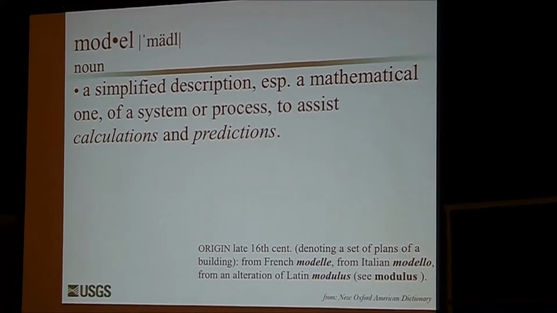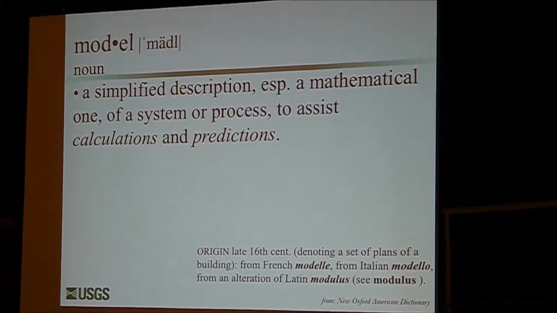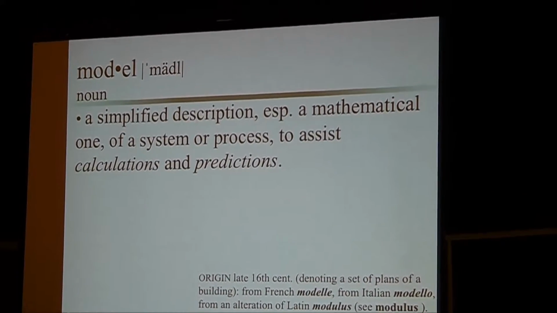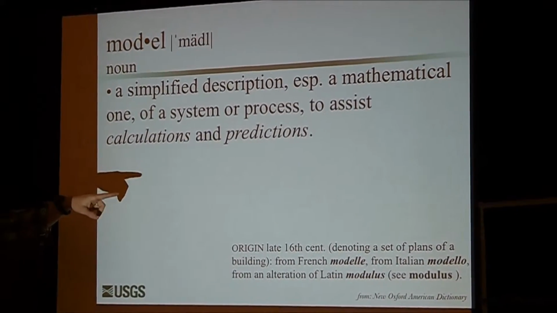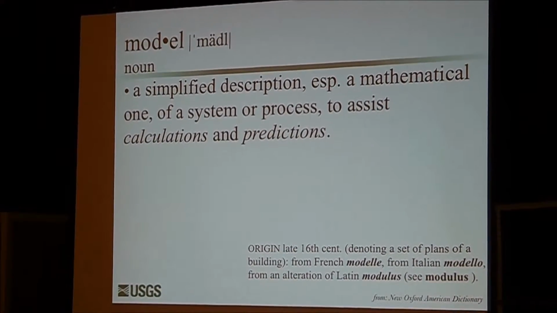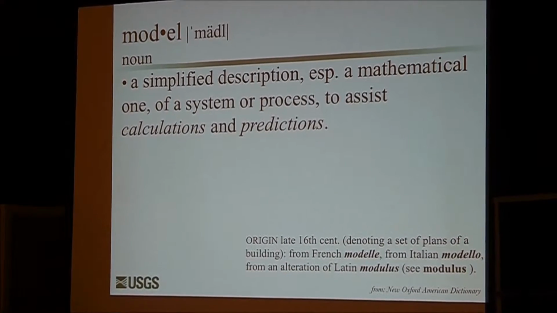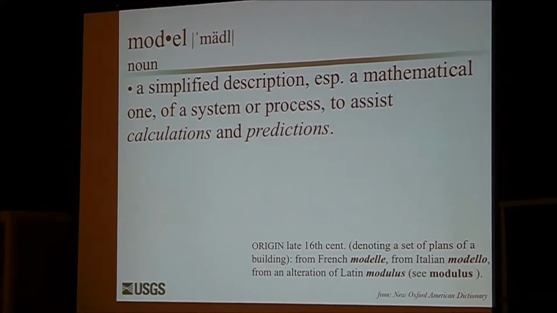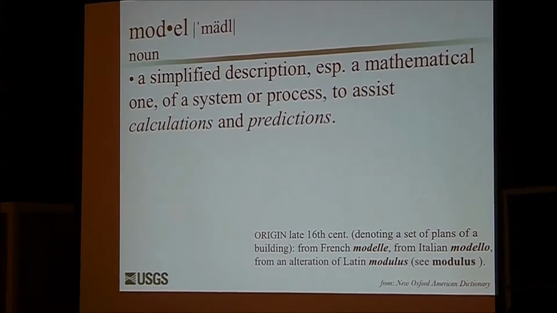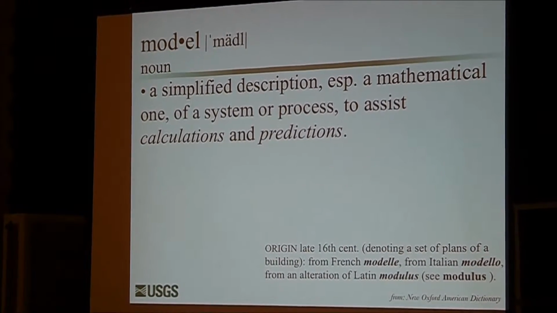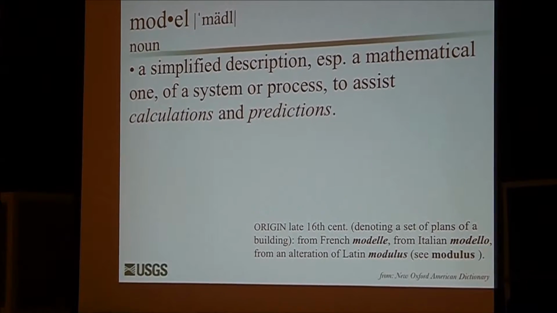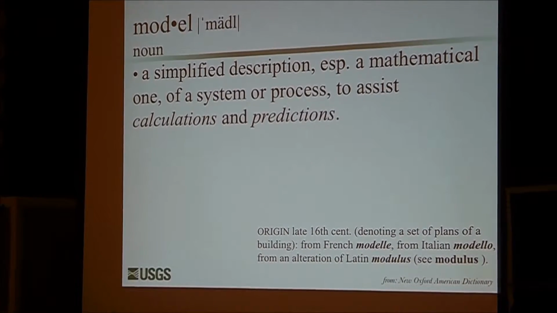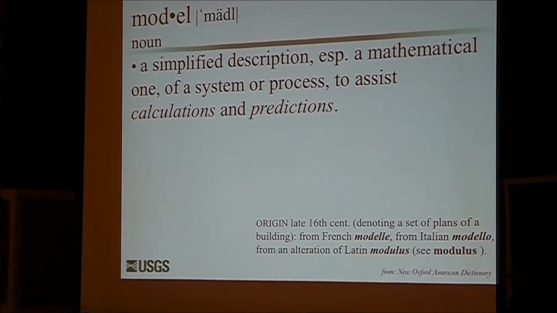It's a simplified description, often mathematical, of some kind of system or process that's used to make calculations or, very importantly, predictions. And so if we're going to change something in the groundwater environment, and we want to see what that is going to do to some kind of response we care about, whether that's a stream, a lake level, or something else, a model is a very effective way to do this.